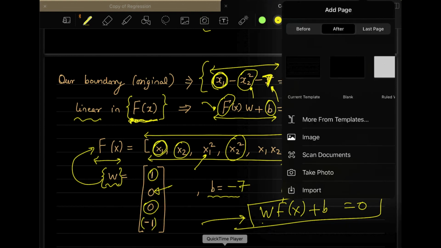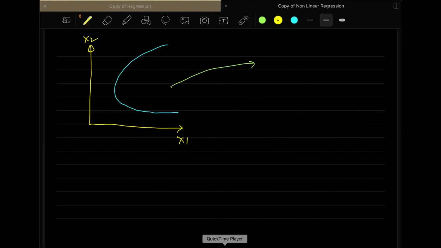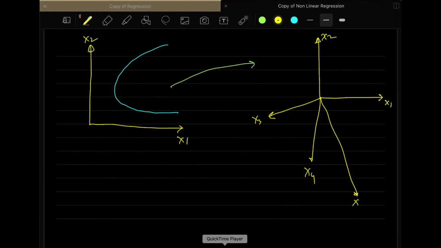It is something like this. Like if you have a two-dimensional space, the boundary is like this. But when you transform this into a higher dimension, let me try to sketch it. So it will be x1, let us say here x2 is there, then you have x3, then you have x4, then you have x5, where x5 is x1 x2 to be precise.